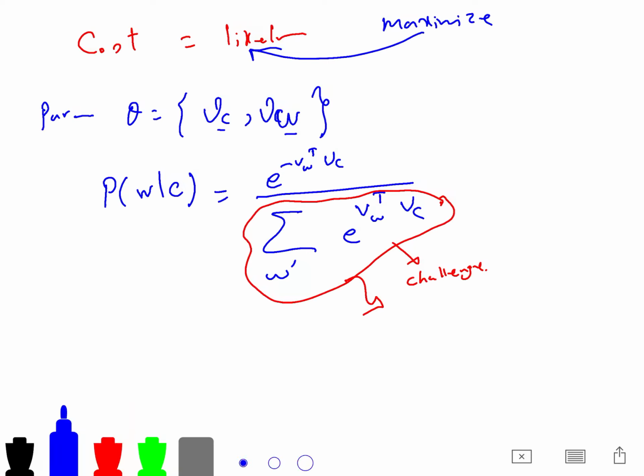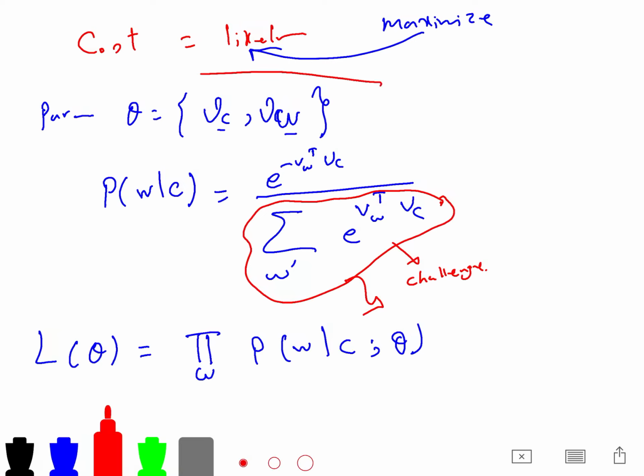So what we want to do is to maximize this likelihood, which is now the product over words, because we want to maximize for all of the words. And we want to find theta, which is our parameter.